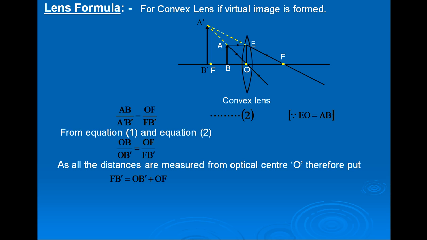The remaining distances are already from the optical center O. Therefore, OB upon OB dash is equal to OF upon OB dash plus OF. Put it equation number 3.